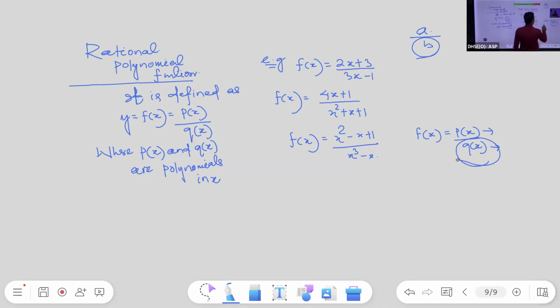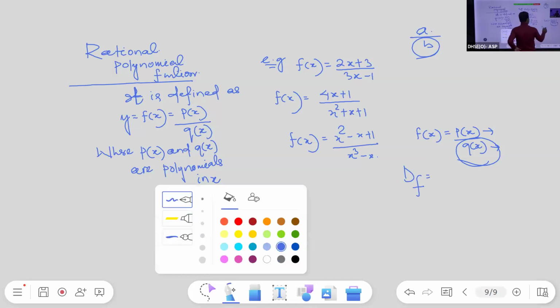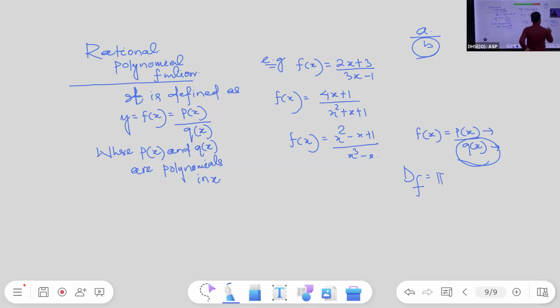So if the function is of the form f of x is equal to p of x upon q of x, then domain f, D stands for domain, is the set of all x such that domain is R, that is set of real numbers, minus the set of all x such that q of x is equal to 0.